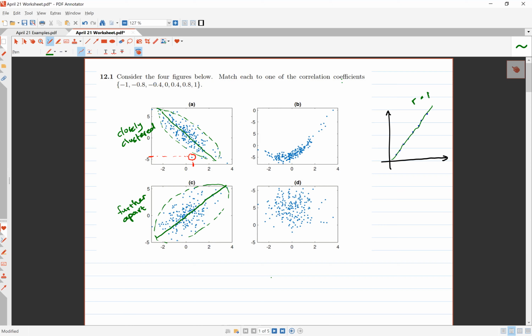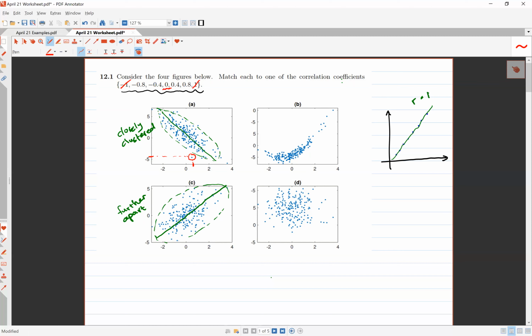So you only have a correlation of +1 or -1 if the points perfectly trace that line. So if we look through the list of correlation coefficients that we have written down here, and we're trying to match them up to the plots, I think reasonably you can eliminate -1 and +1. They don't correspond to anything here because you have no points perfectly lined up on a trend line.